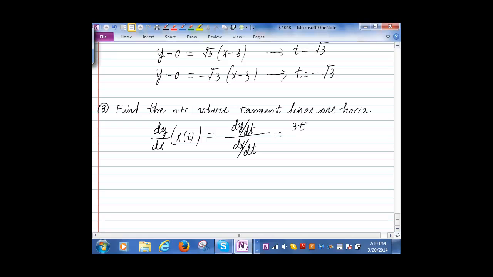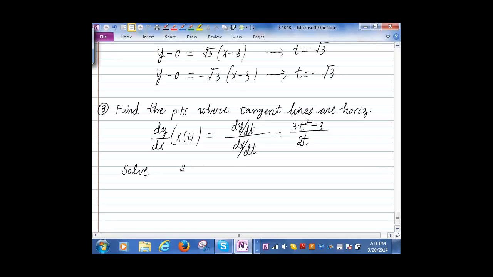I think 3t squared minus 3 divided by, oh, so 2t divided by 2t. Now the question is, we want to find horizontal tangents, right? Well, horizontal tangents means they have slopes 0. So you want the slope to be 0.